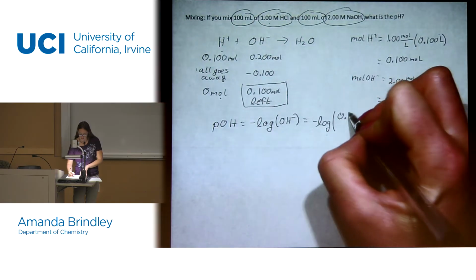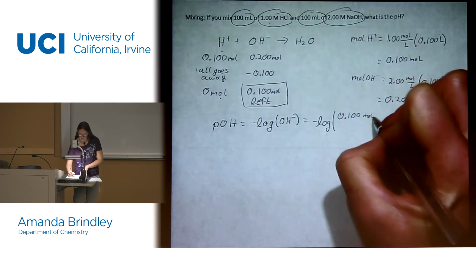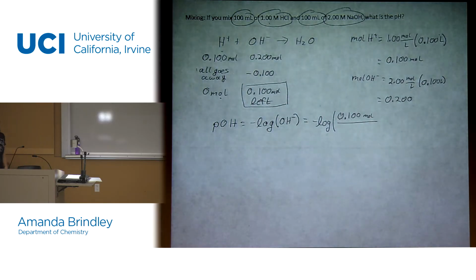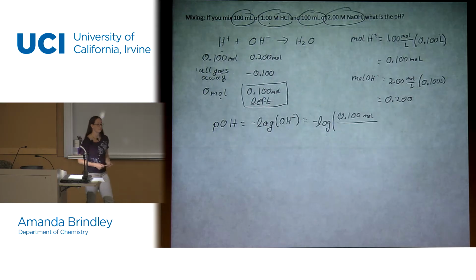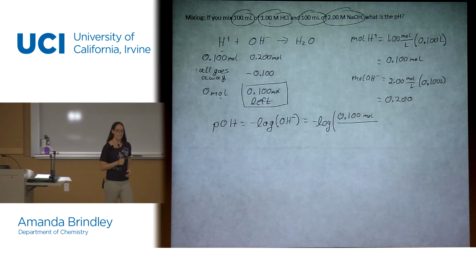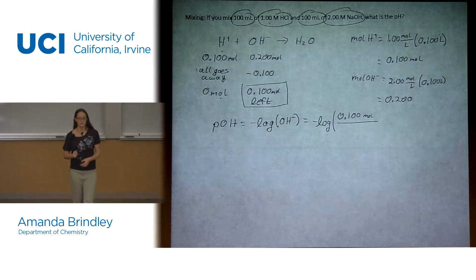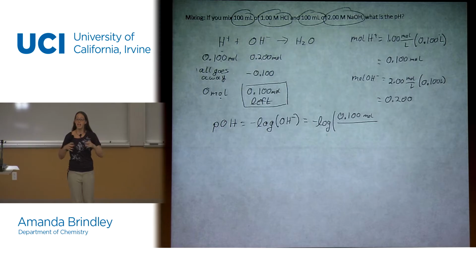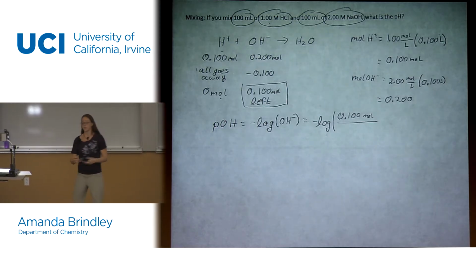So, what do I have to fill it in over? Why not 0.1? Because you mix 100 mils with 100 mils. And exactly. This is one of the things you have to be really careful of when you're doing these mixing problems. Your volumes change. You mix 100 mils of one, 100 mils of another, and now they're together. So now you have 200 mils.